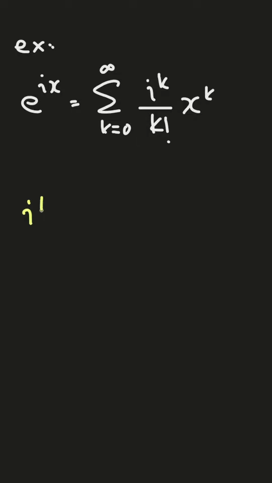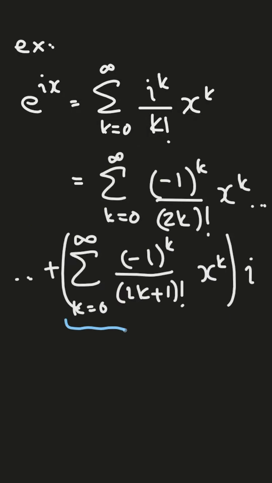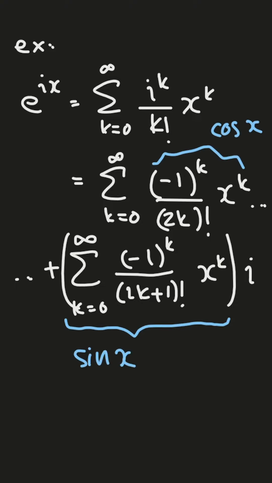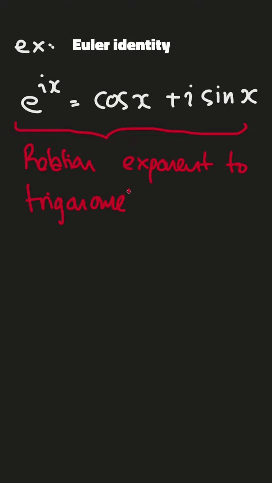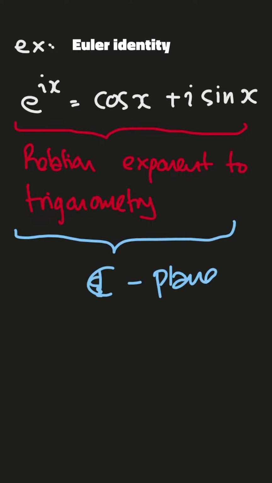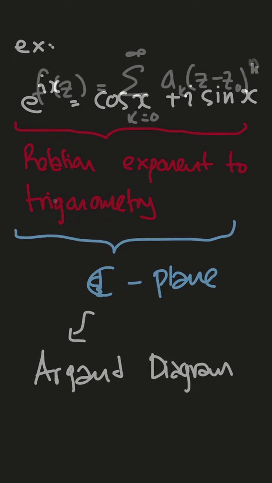By the characteristic of i, we get this pattern. By splitting even and odd order terms in the series expansion, we get this result, known as the Euler identity, relating the exponential to trigonometry, which means we can define a complex number in the complex plane, or Argand diagram.